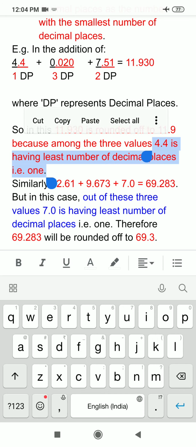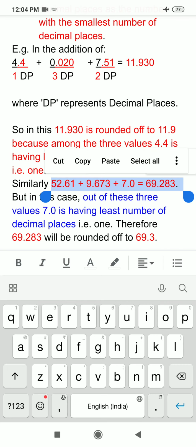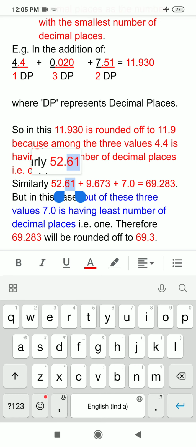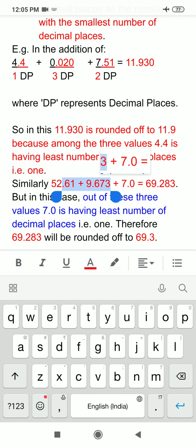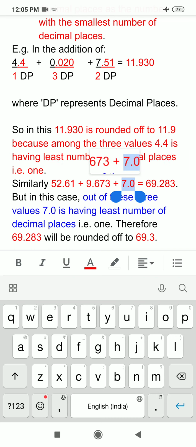Taking another example, suppose I am taking the sum of 52.61, 9.673 and 7. Their sum comes out to be equal to 69.283. Now if we want to round it off, then we will see the number of decimal places in the initial values. 52.61 is having 2 decimal places, 9.673 is having 3 decimal places, 7.0 is having 1 decimal place.